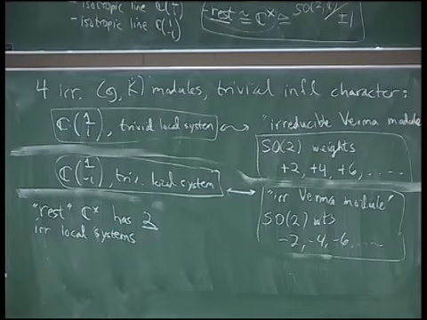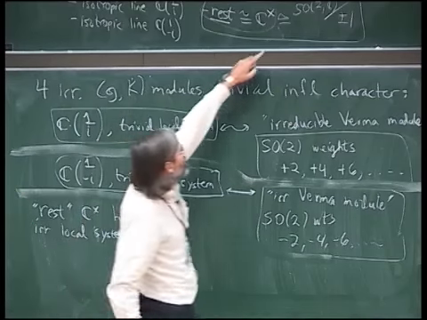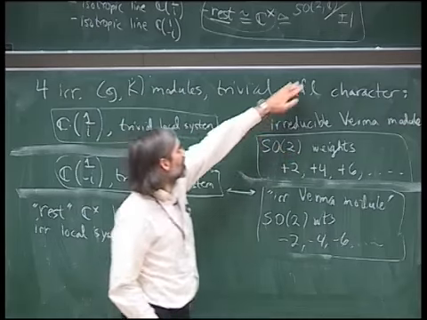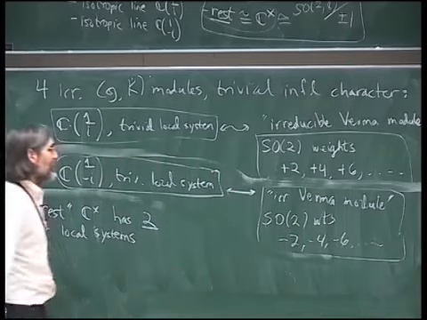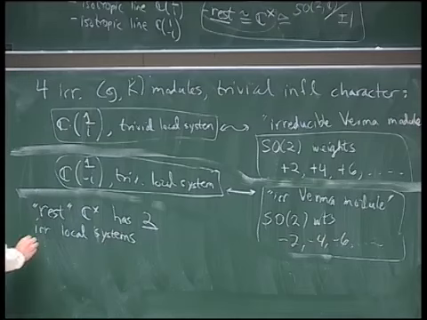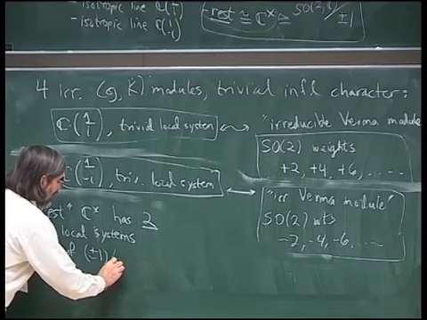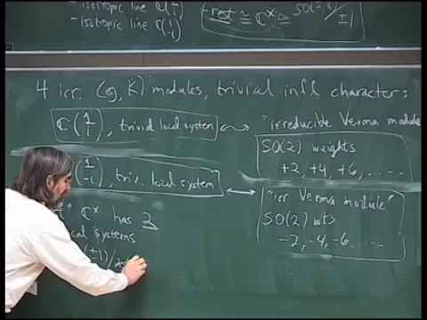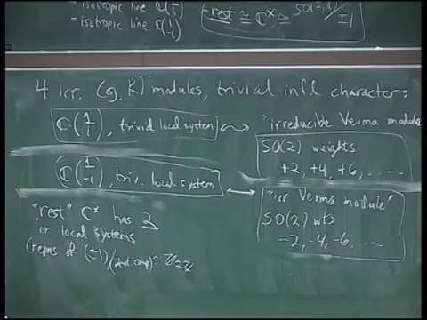I mean, if you just look at local systems on the plane, they have to do with representations of the fundamental group, which is Z. You can do anything you want, but we want SO2 equivariant, so they just have to do with representations of the component group of the stabilizer. So representations of this ±1 stabilizer divided by its identity component. That's Z mod 2Z. That's what's going on here.